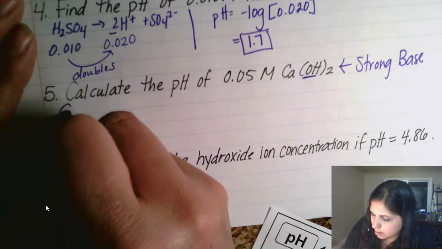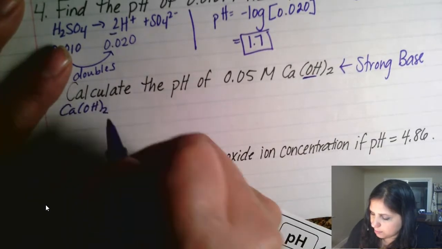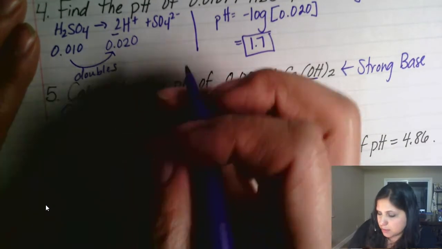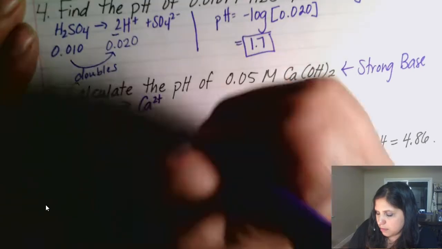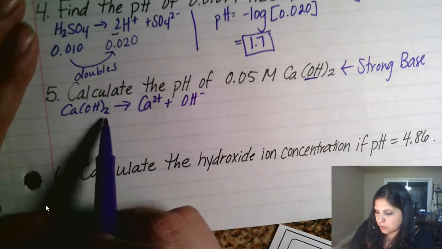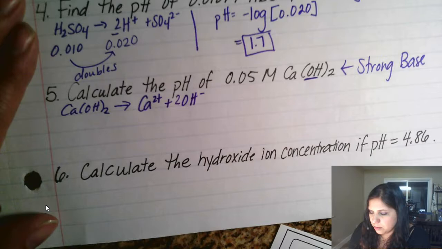So let's do that. CaOH2. So it's going to break up into the metal. This is calcium. Calcium's a 2+, plus hydroxide. Well, how many hydroxides are in this formula? There are 2. So it's going to be 2.